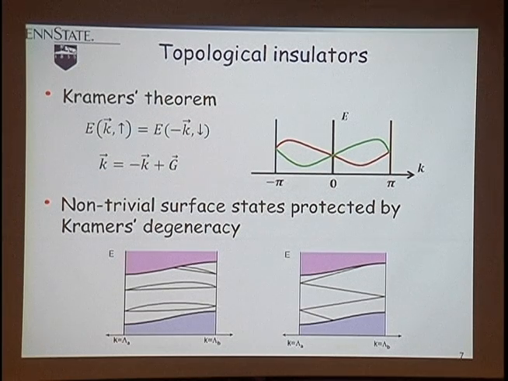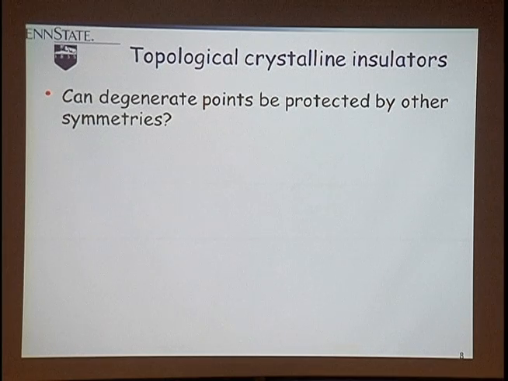Okay, so now next, what is a topological crystalline insulator? It's just like what you found for the topological insulator. It's an insulator in the bulk, and there's some gapless mode at the surface, and this surface state now is not protected by time reversal symmetry, but protected by some crystalline symmetry.